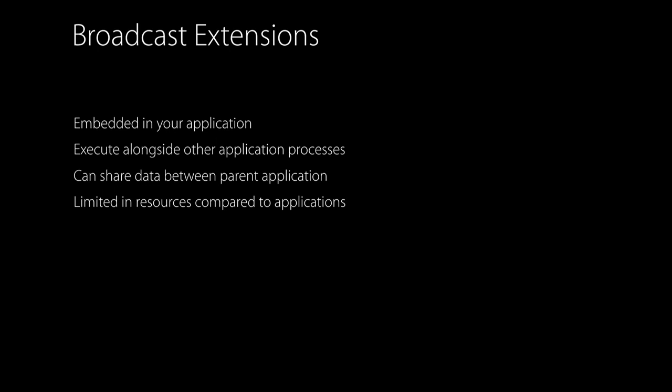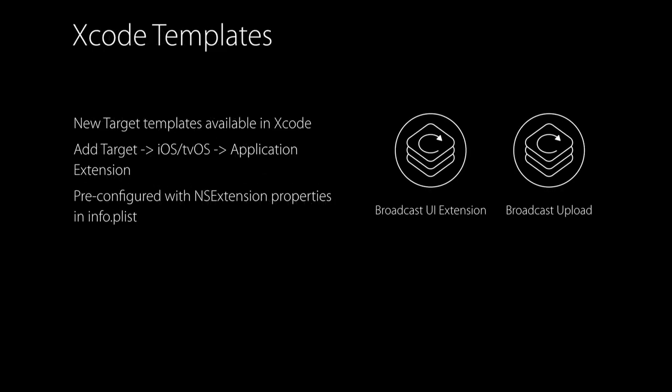One thing to keep in mind, though, is that extensions are limited in resources compared to applications, so try to refrain from doing resource-intensive tasks within them. We made it incredibly easy to set up these extensions via an Xcode template. These are available as new targets for both iOS and tvOS. If created from this template, the extensions will be pre-configured so they will show up in the broadcast activity view controller list that you see.